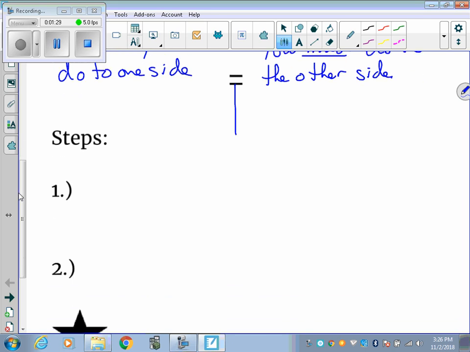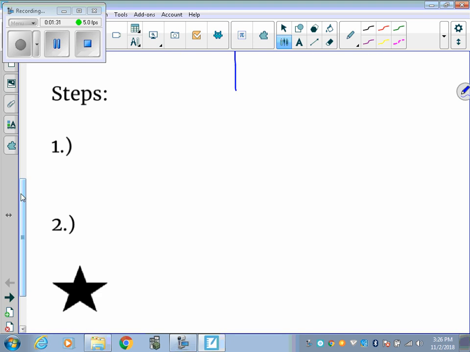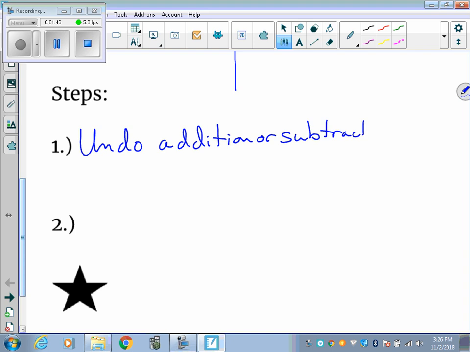The steps for a two-step equation is to do this. First, undo. Remember, inverse, undo, addition or subtraction. In other words, if you remember, what we're really doing is we're making zeros.